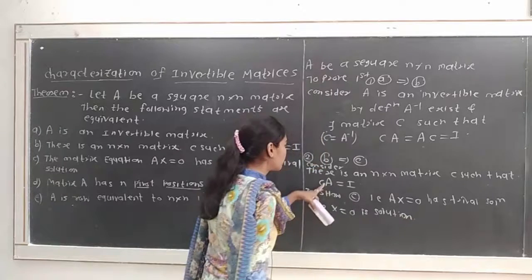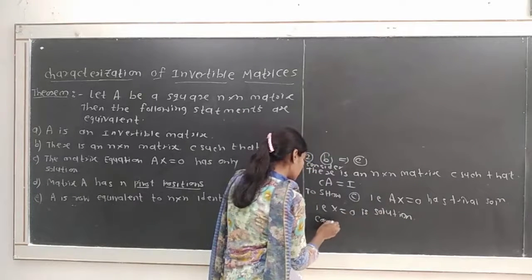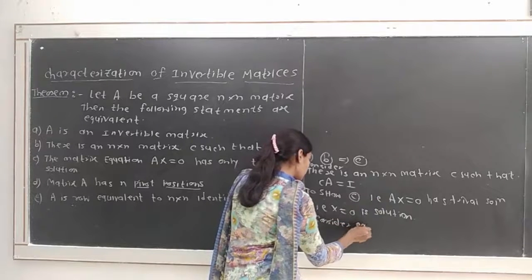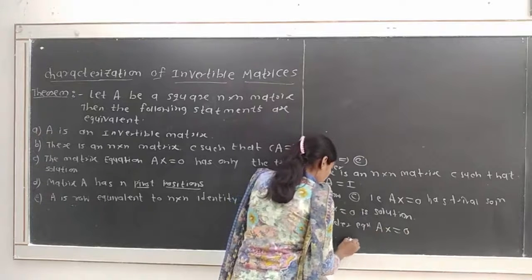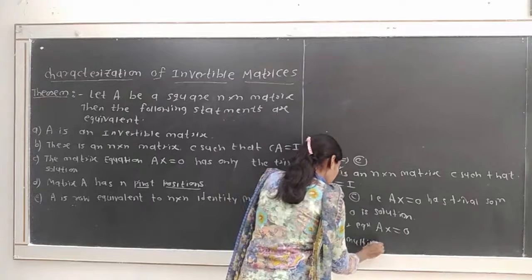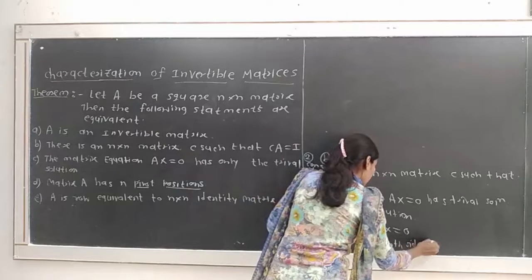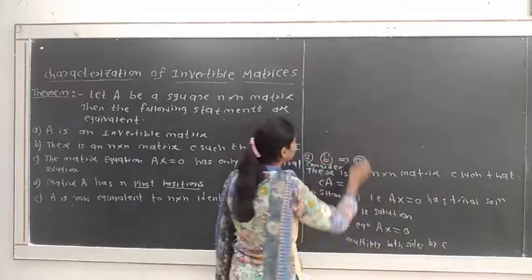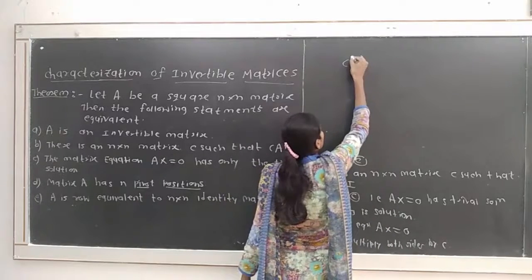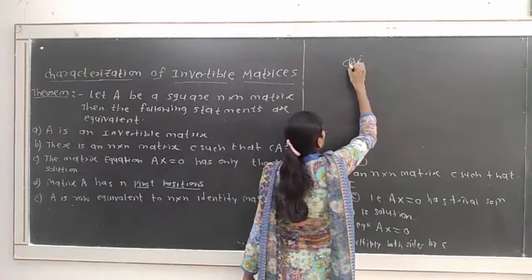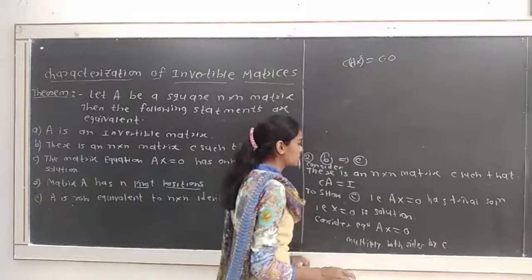So we consider the equation Ax is equal to 0, and multiply both sides by C to get CAx is equal to C into 0, that is the 0 matrix.